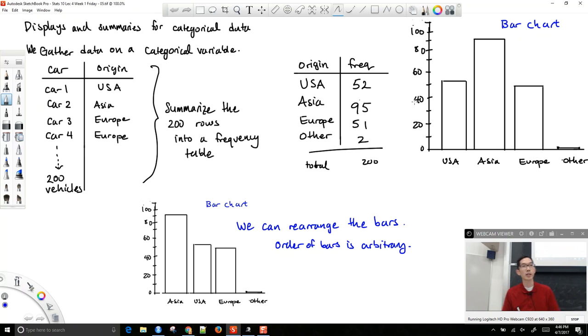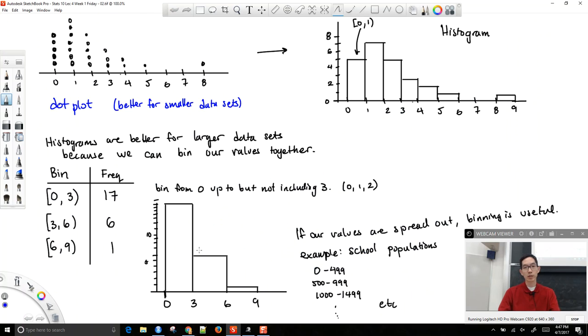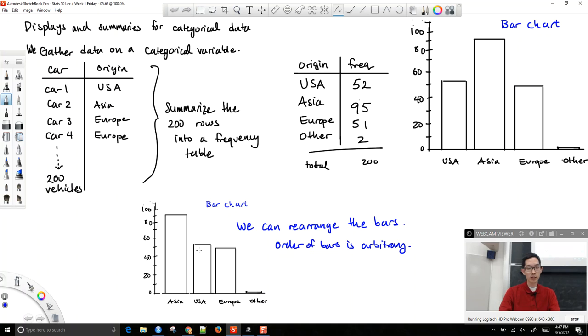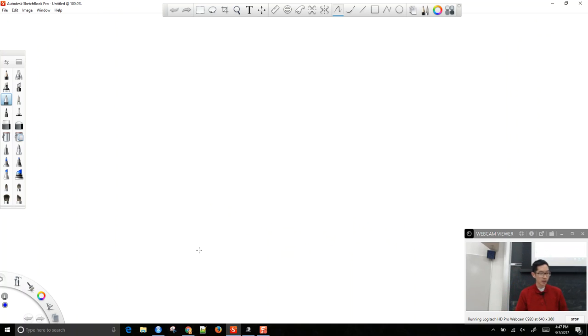You can arrange them in alphabetical order or based on certain preferences. There are no rules as far as the arrangement of the bars. Also, with bar charts, generally we leave little gaps between the bars, and with a histogram there are no gaps. That's more of a stylistic thing, not as critical, but it's another distinguishing feature.